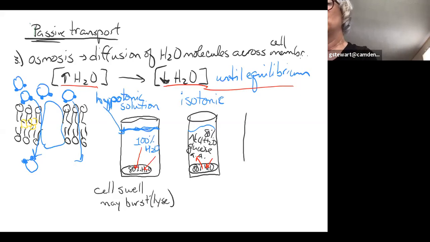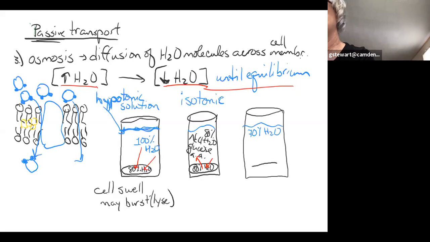And the last solution that we would draw would be one where, let's make this like 70% water outside the cell. There's 80% water inside the cell. And again, why is this 70%?